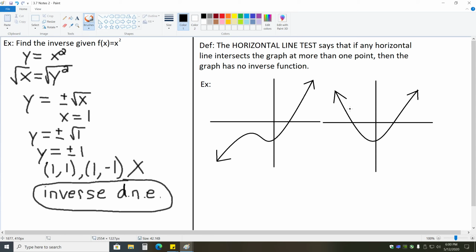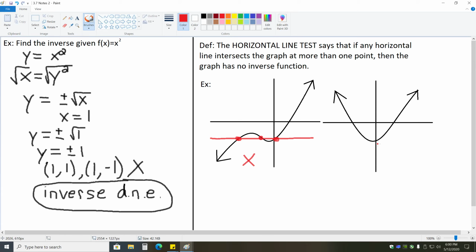So looking at these two examples, are these functions that have inverse functions? Well, in the first example, if we take this horizontal line, we can see it intersects at 3 points. That means it instantly fails, so the inverse does not exist.